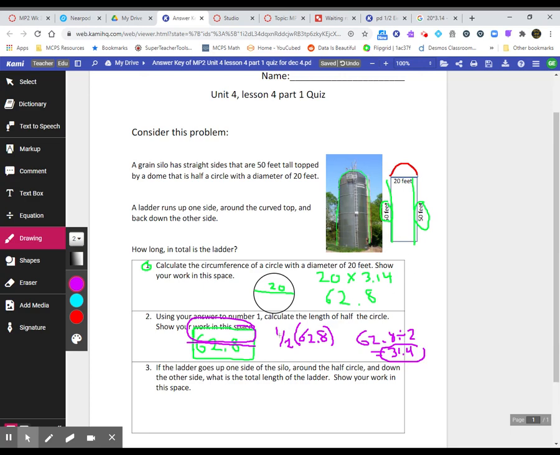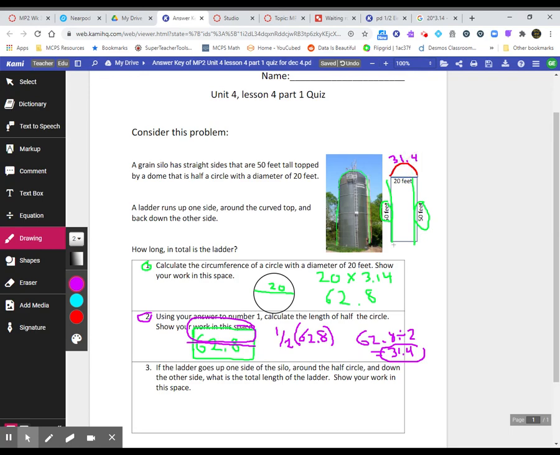Notice that's all we did. To take half, we divide by 2. So we found the whole circle, easy, times it by pi, and got 62.8. That's the answer to number 1. The answer to number 2 was 31.4. We just took 62.8 and cut it in half. So that means this piece is 31.4.